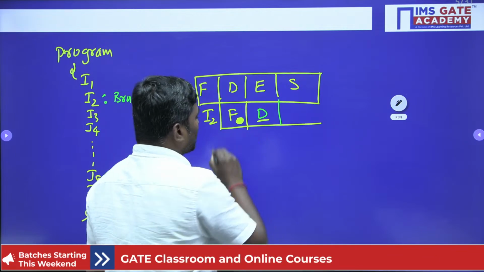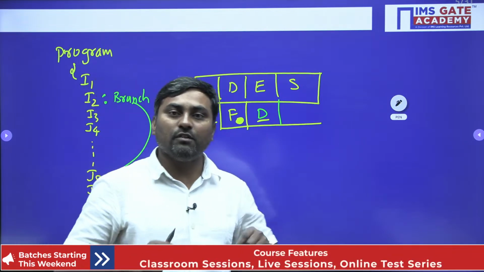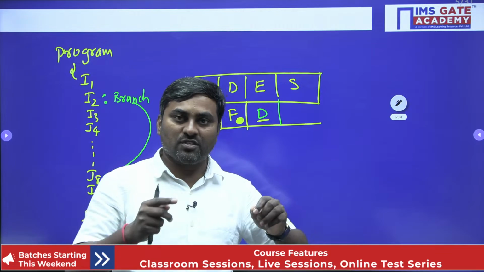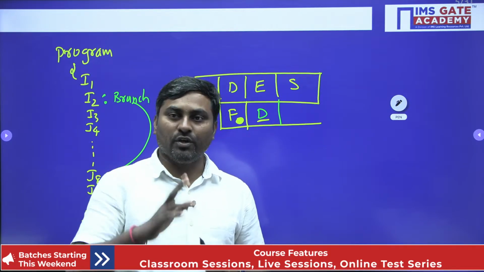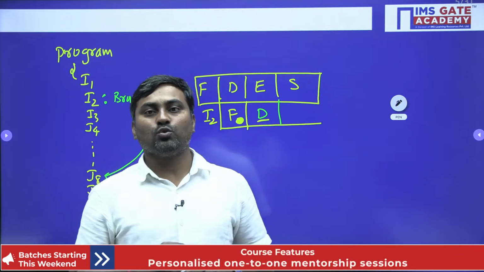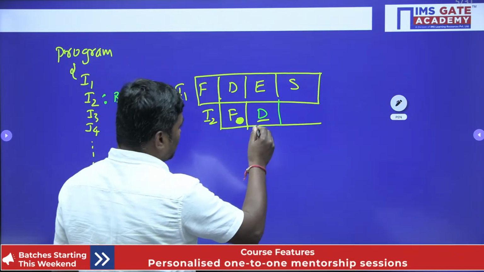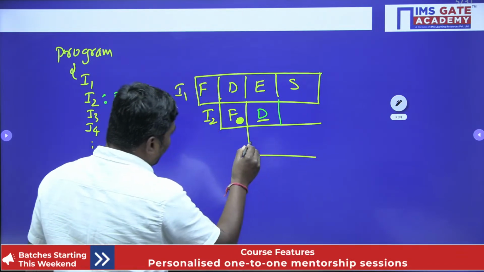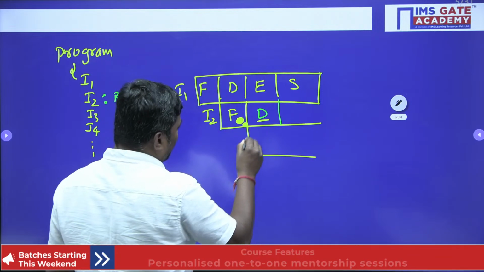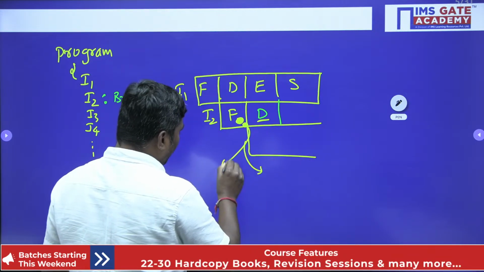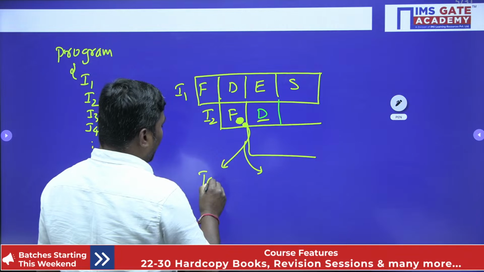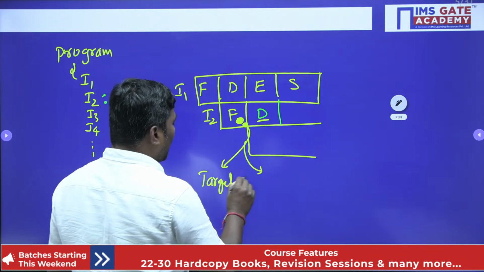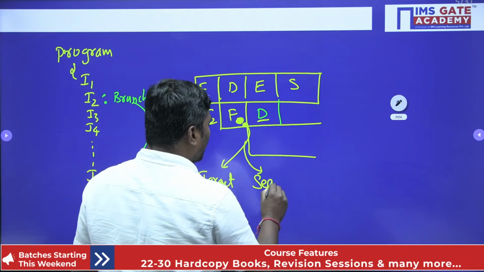In the fetch stage itself we should recognize that the fetched instruction is a branch, and determine which instruction is going to be fetched in the second cycle. At the end of this stage you have to decide either the target instruction or the sequential instruction.